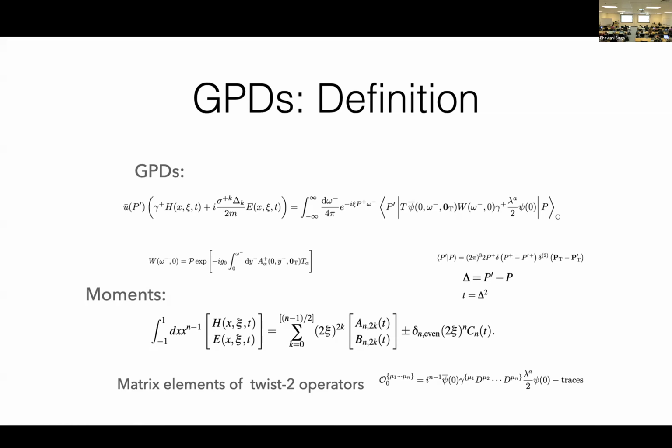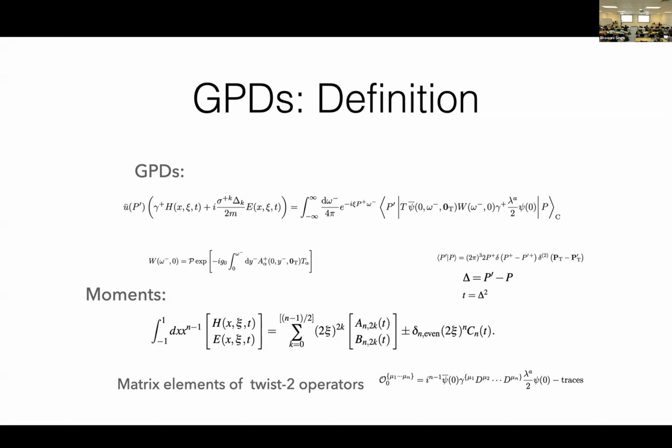Now, how can one compute those things in Lattice QCD? And the answer is through the so-called operator product expansion. One can look at the moments of these generalized Parton distribution functions, which are weighted. You weight the generalized Parton distribution function with powers of x to the n.